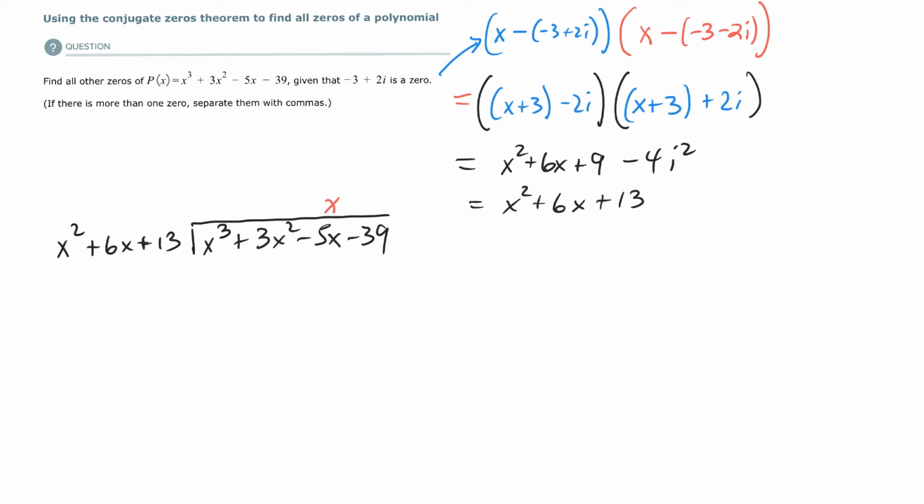What do we get now? We got x cubed plus 6x squared plus 13x, and then we are going to subtract and we get negative 18x and then you could bring down and we get negative 39.